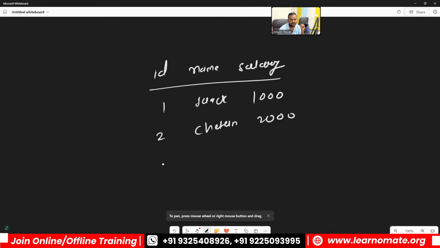Let's say I have ID 3, his name is also Sagar, and let's say his salary is 1500. But let's take this example only.